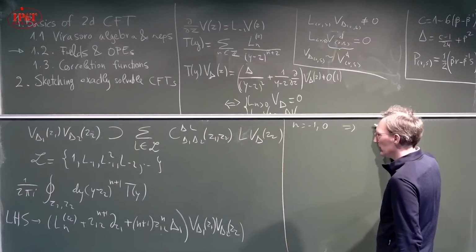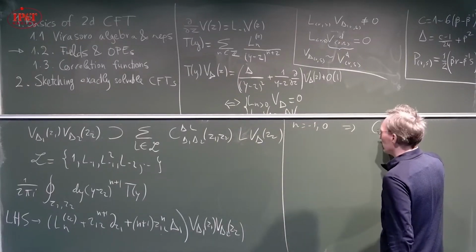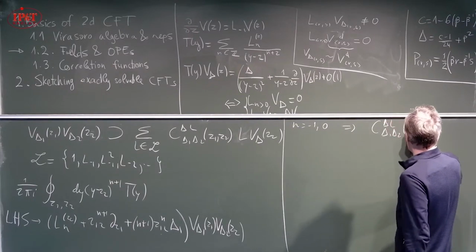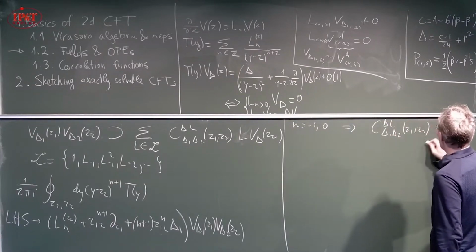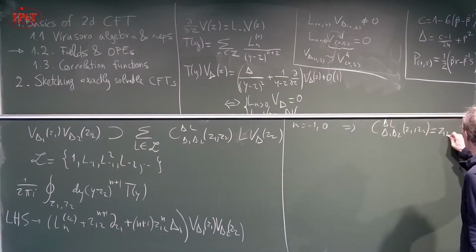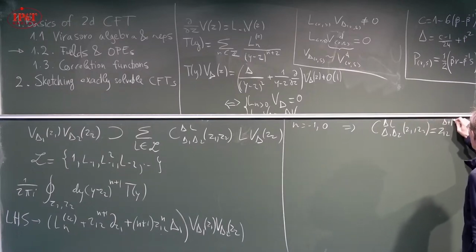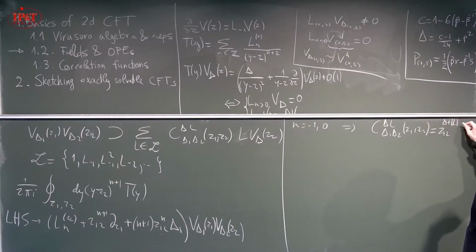And this gave us the dependence of the OPE coefficient here on z1 and z2, which was z12 to the delta plus L, the level, minus delta 1 minus delta 2. Okay, and then we still have some coefficient, C delta L delta 1 delta 2, which is now a constant.